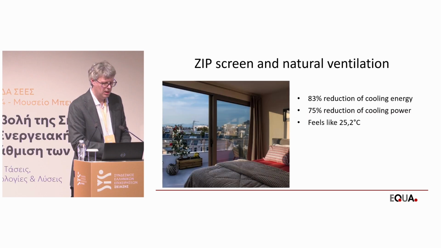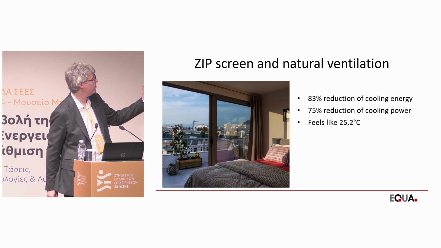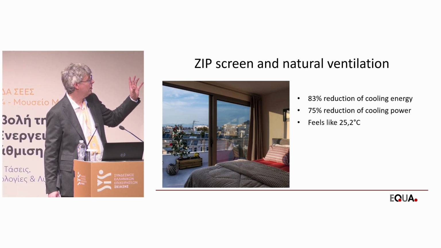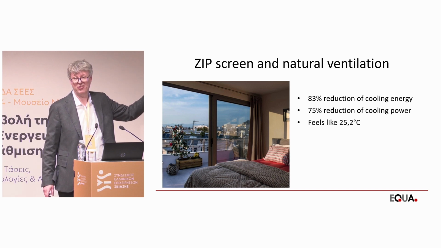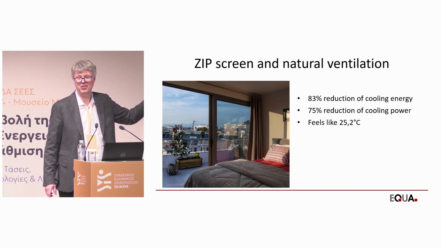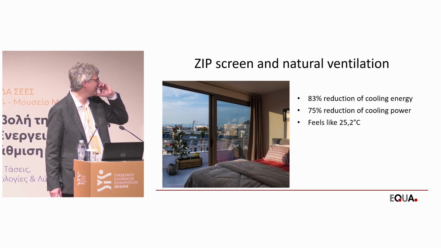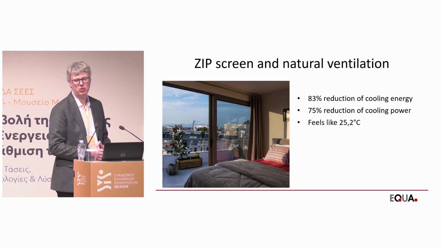So let's add an example where we have this SIP screen in combination with natural ventilation. And then suddenly we go to a reduction of over 80%. It's incredible numbers. I don't really understand how such a simple product can do so much.